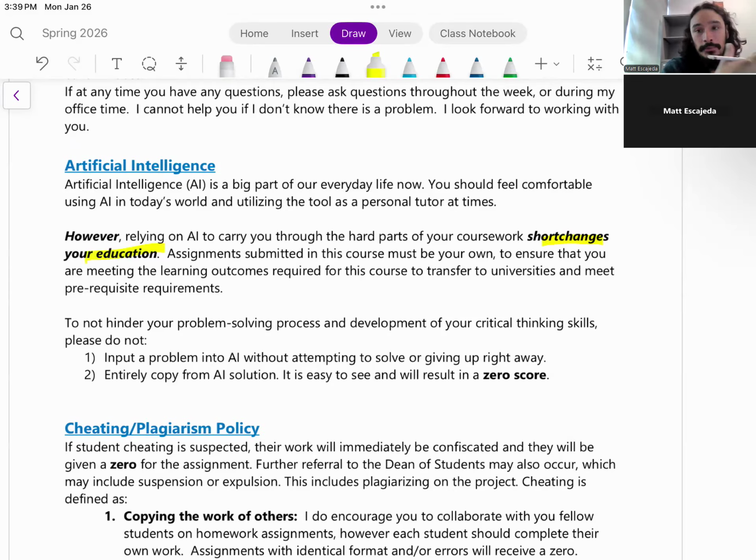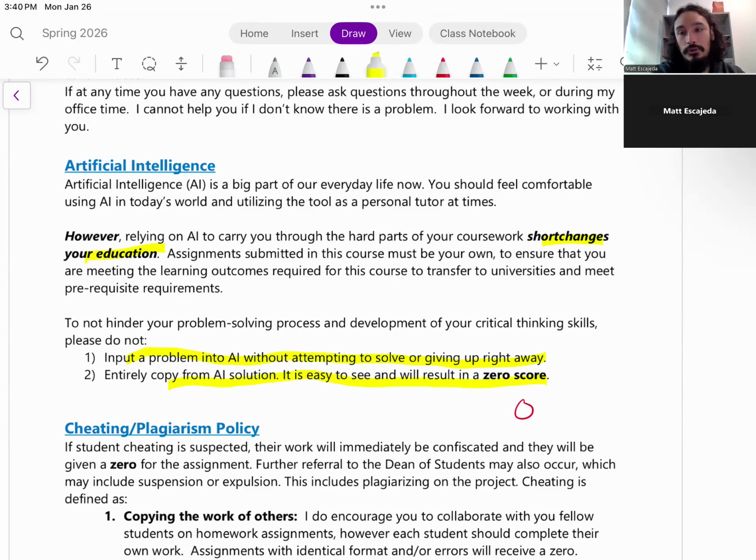If you're just straight up copying an AI solution, it's going to be easy to tell, and I'm going to give you a zero for it. You could use it to help you understand, but you don't want to just throw it into AI without trying it out and then just copying the answer. That's not going to help you or me.